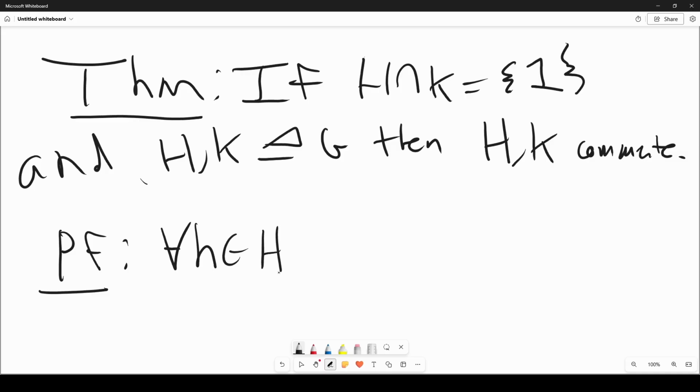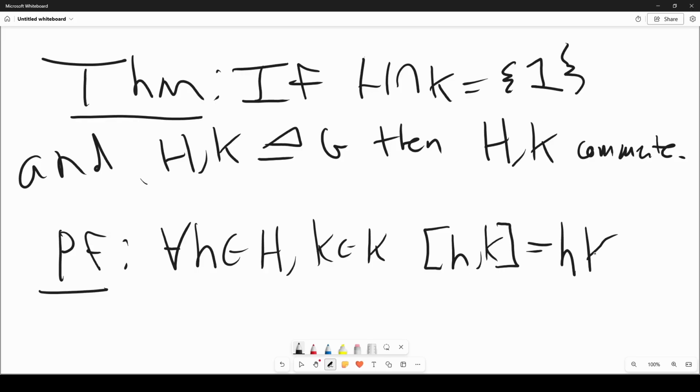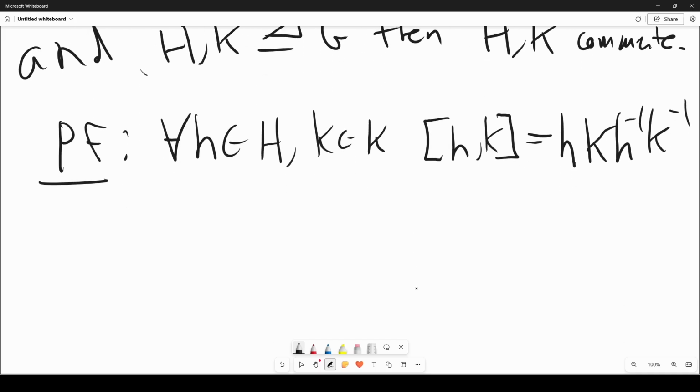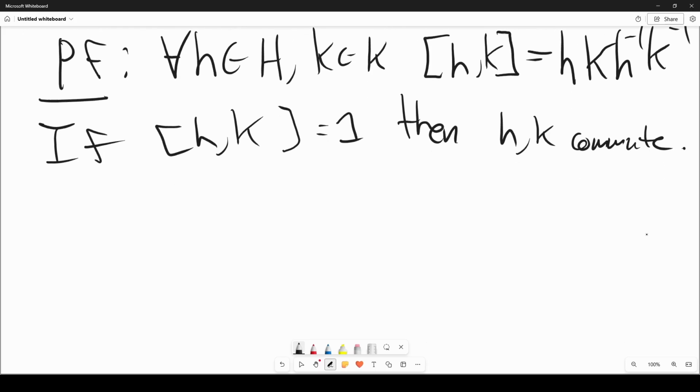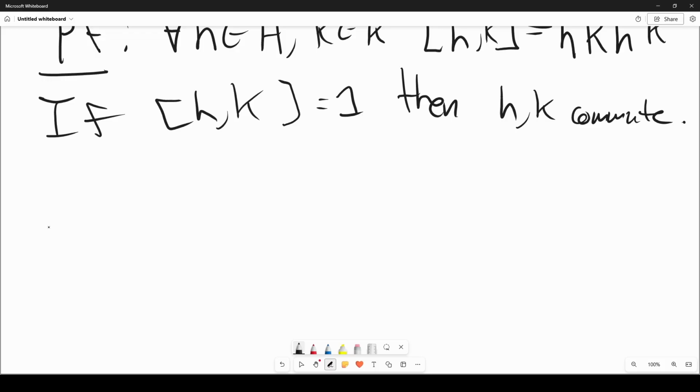For all h in H and k in K, define [h, k] in these brackets to be h times k times h inverse times k inverse. So you see that if [h, k] equals 1, then h and k commute. Okay, well, if that's the case, let's see if we can prove that [h, k] has to be 1.